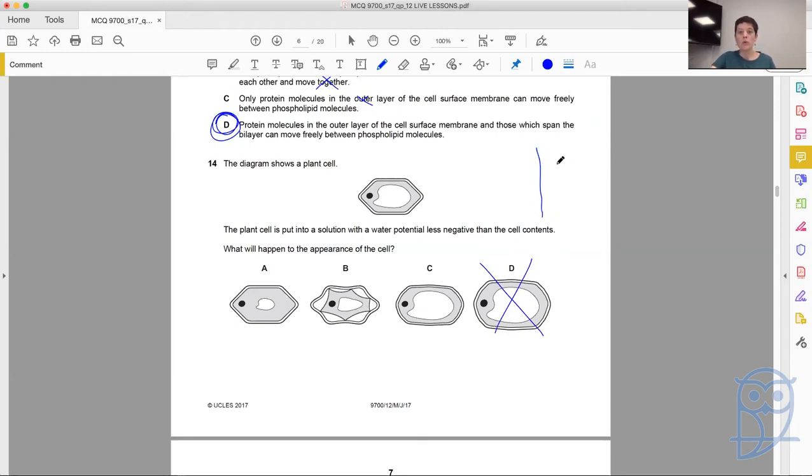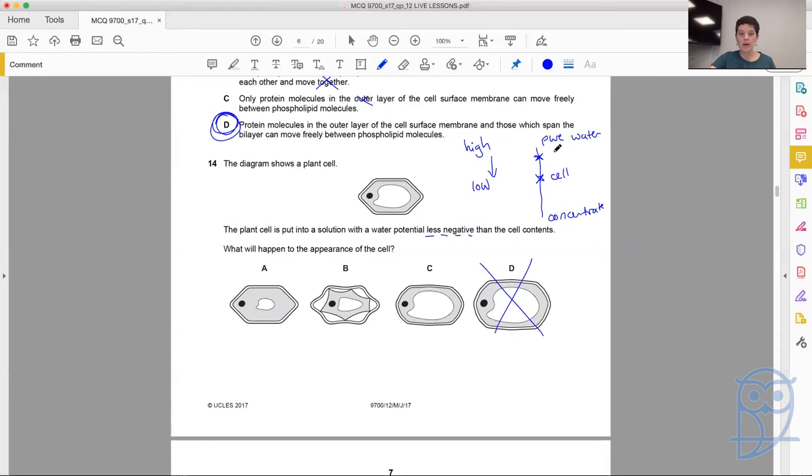So water potential, we move from a high water potential to a low water potential. That's what we're going. So this is from pure water, and this is concentrated. So let's put our cell here, and the water potential is less negative. Now, if you're less negative, you are closer to 0. So you are here.